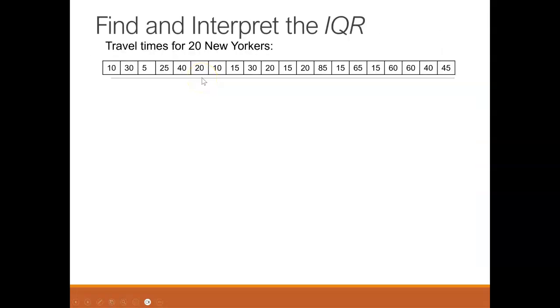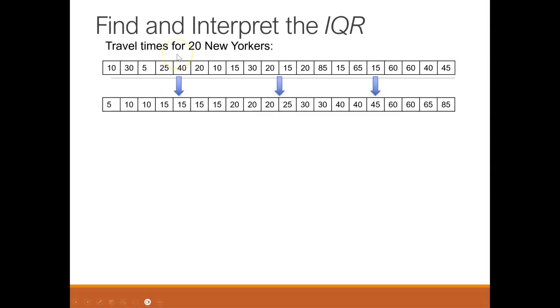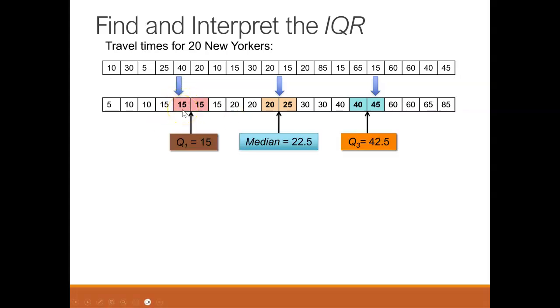Well, I guess we're going to do an example first. So here are our friendly commute times for New Yorkers. We'll arrange it from smallest to biggest. We'll identify the median, which was the midpoint between 20 and 25. And then we'll find Q1 and Q3, which again is the middle of these halves.